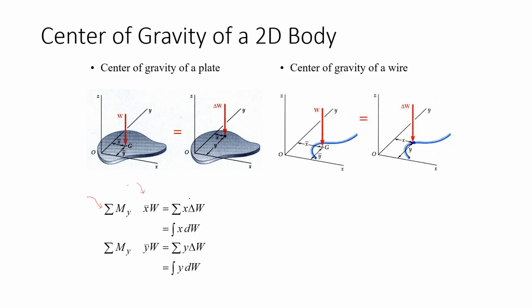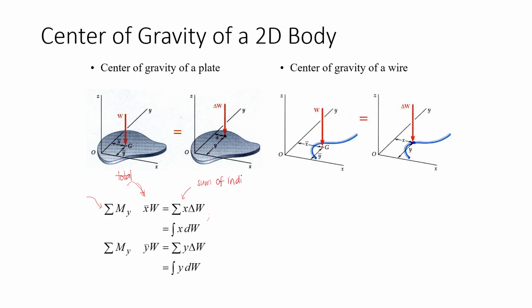On the right side, it's the summation of x times delta w, or in integral symbol, the integral of x differential weight. To clearly understand the presented formula, the left hand side is the total aspect of the body, meaning the totality of the body. On the right hand side, this is the sum of the individual components.